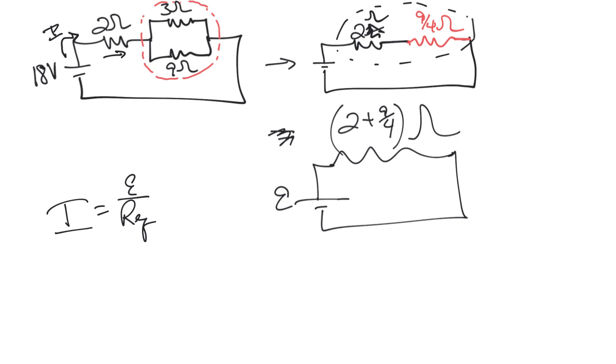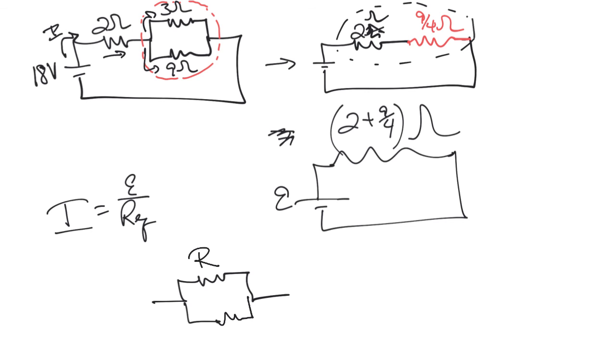So it's the current that goes through the 2 ohm, and then when it gets to the 3 and the 9, 3 times the current goes through the 3 ohm than the 9 ohm. Okay, and that 3 is because 9 is 3 times that 3 ohm. That's the factor, right?